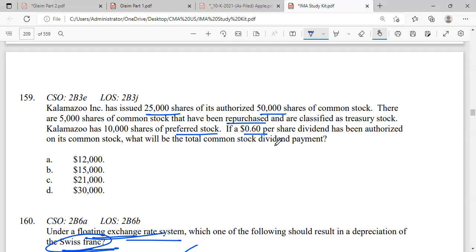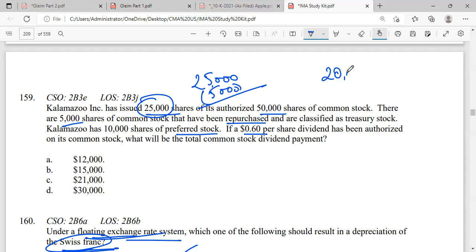Come on fast, I'm giving you the opportunity right now. If you see here, how many were issued? 25,000. Then 5,000 shares of common stock had been repurchased and they are classified as treasury stock. So basically it is reduced by 5,000.